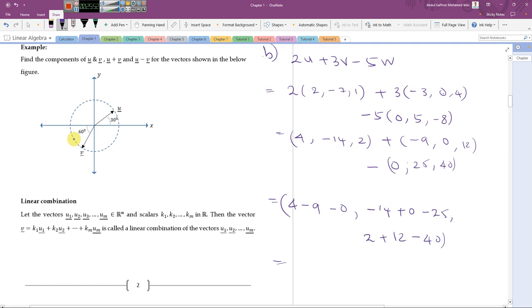So if I simplify them, minus 5 comma minus 39 comma, it is supposed to be 54, so it is supposed to be plus, yeah, okay. Again you see here, minus 8 into 5 is negative 40, so negative into negative is positive, right? So 54, this is the answer.